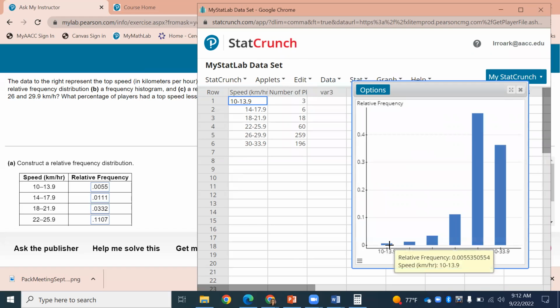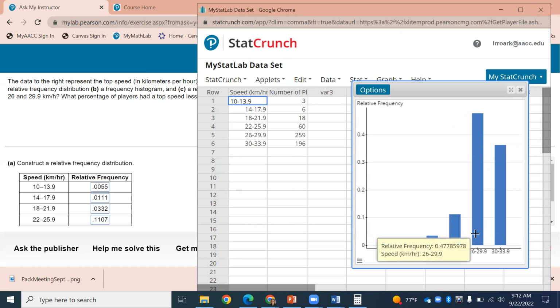So for instance, if I use my mouse to scroll over, we'll see that the relative frequency of this first group is 0.0005, and that's what we got. And then the next group is 0.0111, that's what we got. So if you can see where I scroll over, it says relative frequency. It also has the group that it's in, 0.0332, and then on and on, 0.1107.